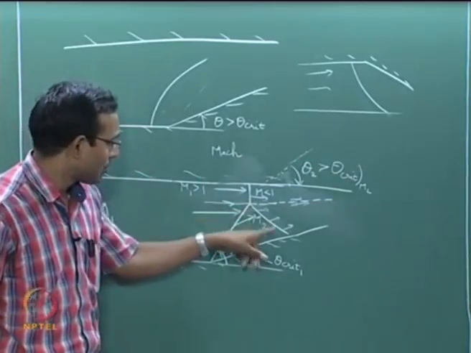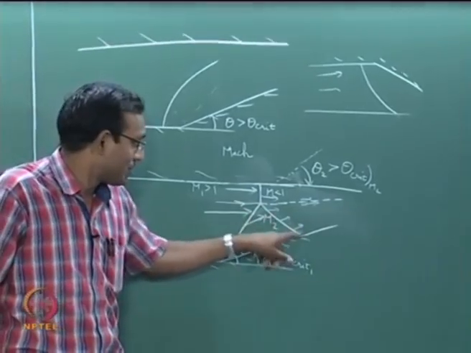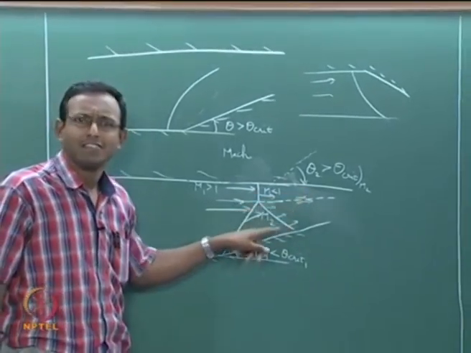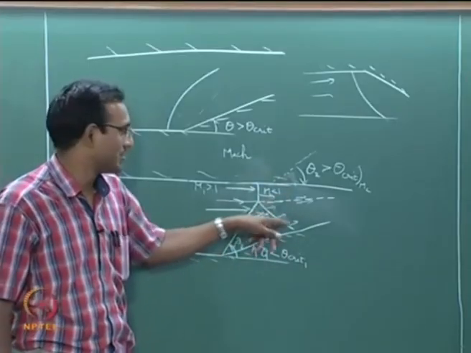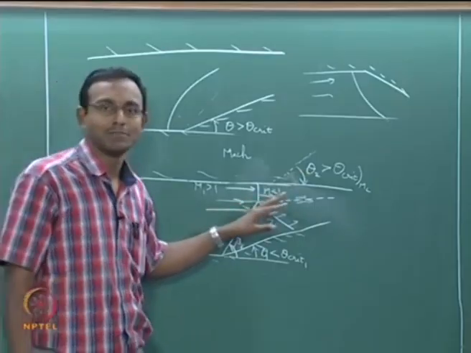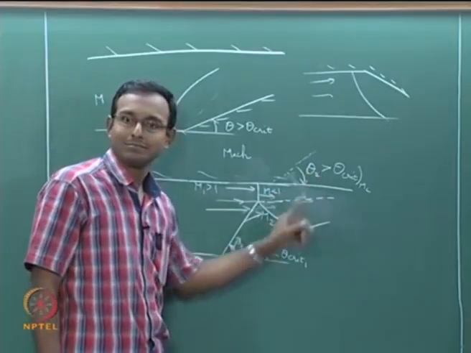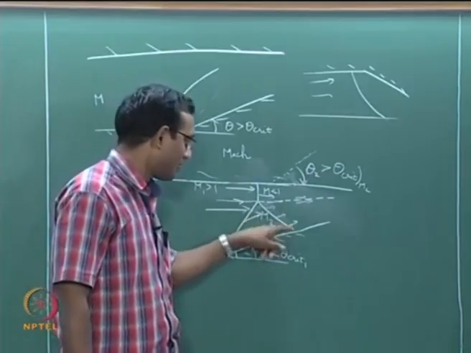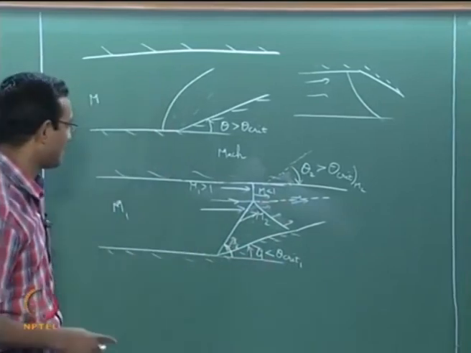What will happen to this shock when it goes and hits here? Depends on how strong it is, it may bounce off again. I have not seen many cases where it bounces off several times, it may bounce off once more and by then viscosity will come and eat it up, you will not see it much. But here in the inviscid world it should bounce off again. And we have to worry about whether this Mach number will be okay, we have to think about one more round.